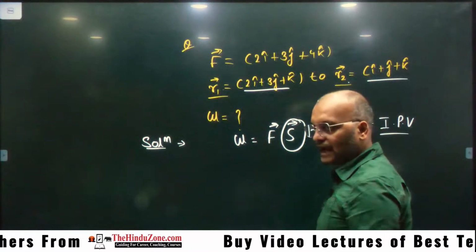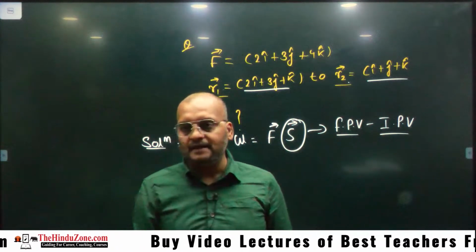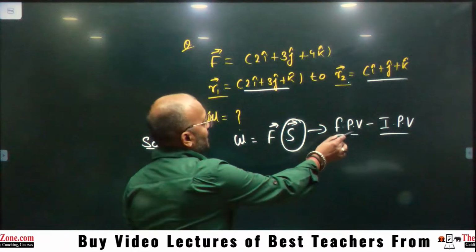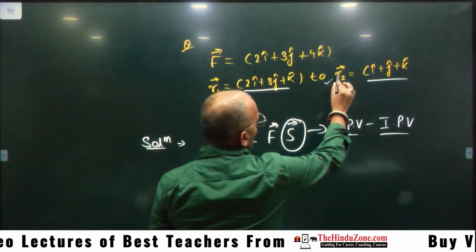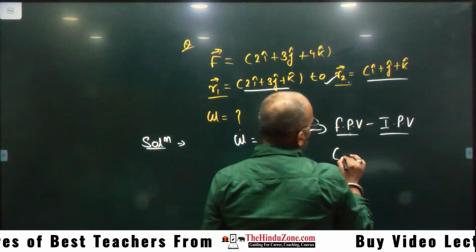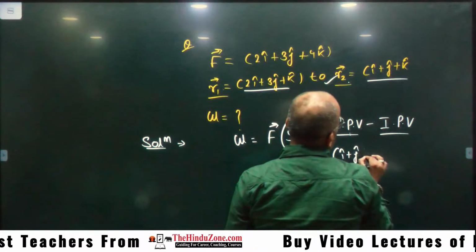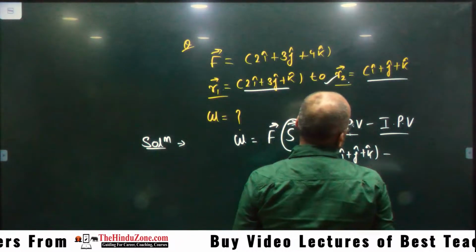I have told you all of these things in the class. Finally the body is reaching i plus j plus k cap, which is the final position vector.